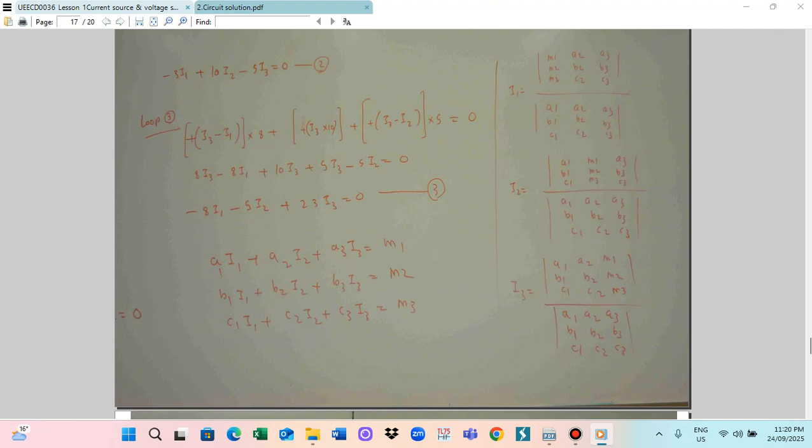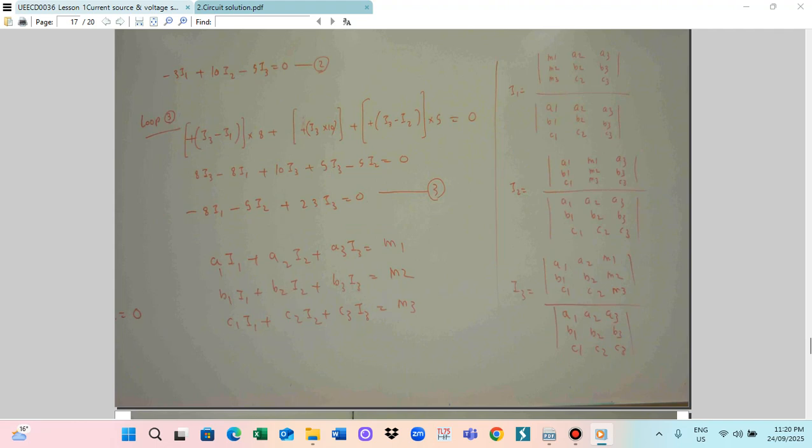Walking around here, you see the positive side, so put positive, and the resistance value is 5 ohm. So the whole thing will be 0. That is (I3 minus I1) multiplied by 8, plus I3 times 10, plus (I3 minus I2) multiplied by 5, equal to 0.